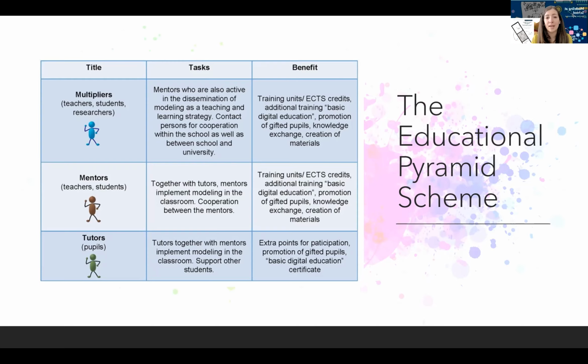And the benefit system needs to be adapted according to the needs or the environment. In our case, it could be training units, or a certificate in basic digital education in Austria, or promotion for gifted students, and so on.